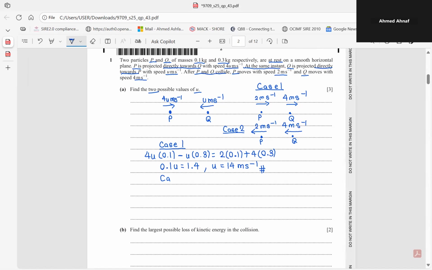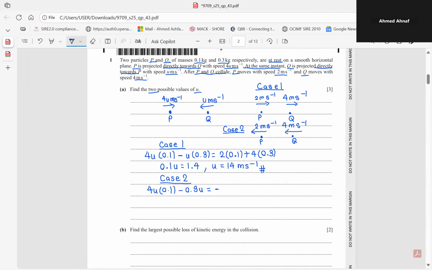Now let's consider case 2. Again, let's use our momentum formula. The left-hand side is going to be the same, and the right-hand side is where it's going to be different. Since we let the initial direction of Q be negative, and both P and Q are moving in that direction in case 2, both of their momenta are going to be negative.